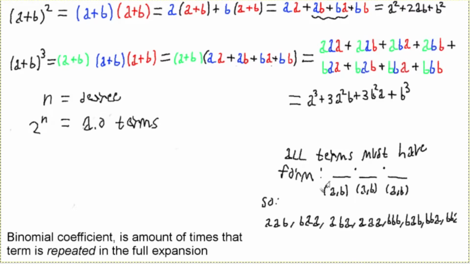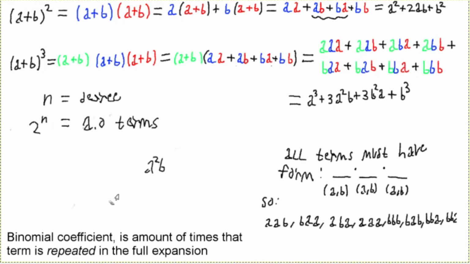Now, that is quite amazing, because if we want to find out the coefficient of a squared b, then we are simply looking at the amount of terms in this form that have 2 a's and 1 b. And to find that, we're just going to use combinatorics. We have 3 spaces, and we want to have exactly 2 a's. We know the b is going to be picked no matter what if we have 2 a's.